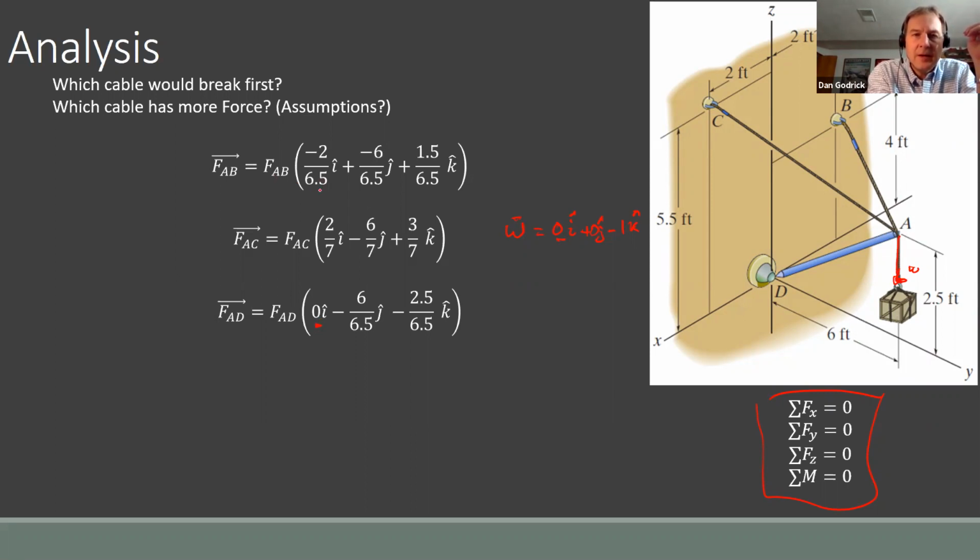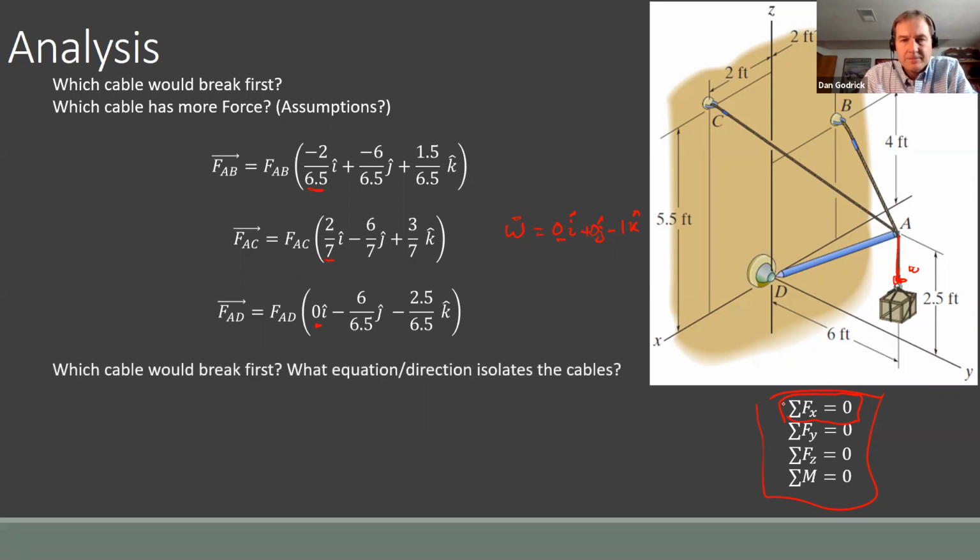So F of AB has an i component, and F of AC has an i component. Therefore, if we do the sum of the forces in the x direction, our math says what our visualization said earlier. We can isolate, we can put FAC in terms of FAB. When we do that out, we can tell which one's bigger or smaller.